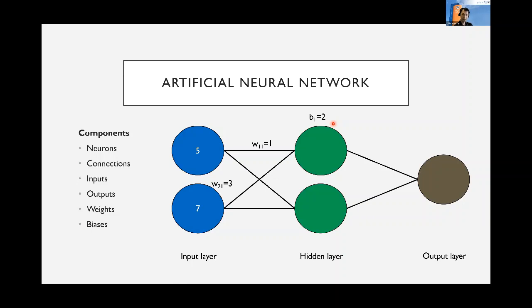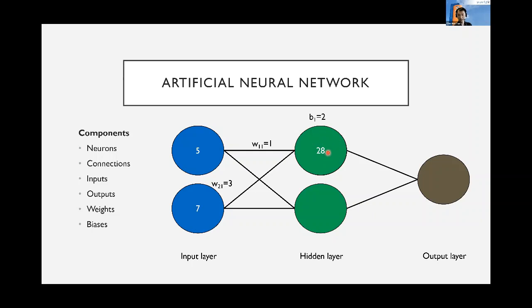The value of this neuron is just going to be equal to 5 multiplied by that connection weight, that is 1, plus 7 multiplied by 3, this connection weight over here, plus this bias value, which is 2. Okay, and so that's how you end up with a value of 28 for this neuron.